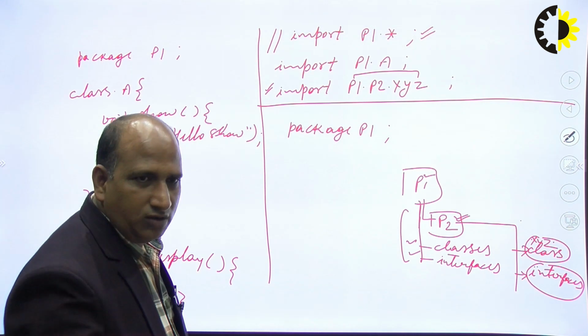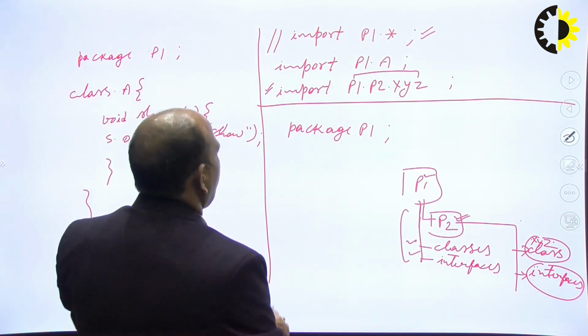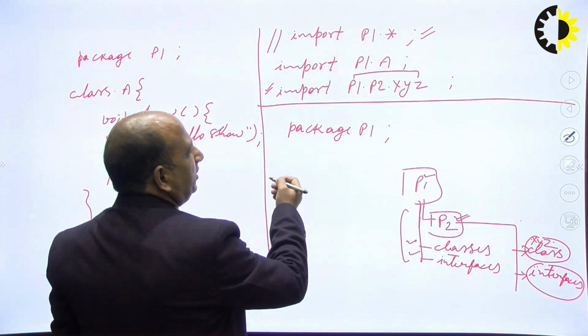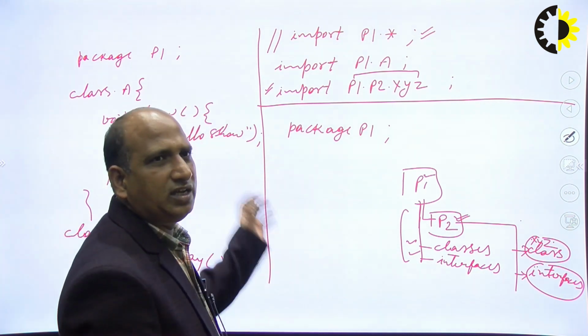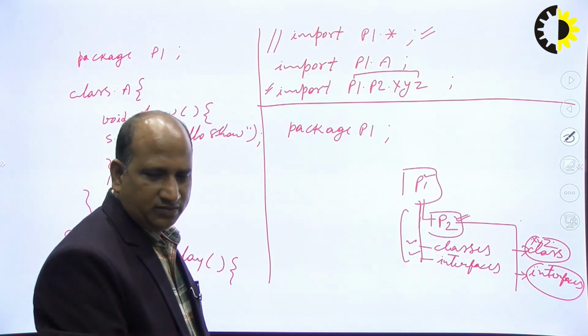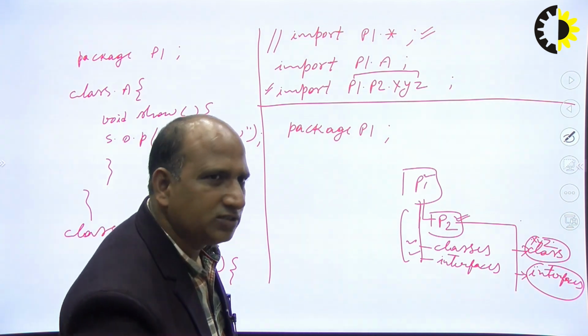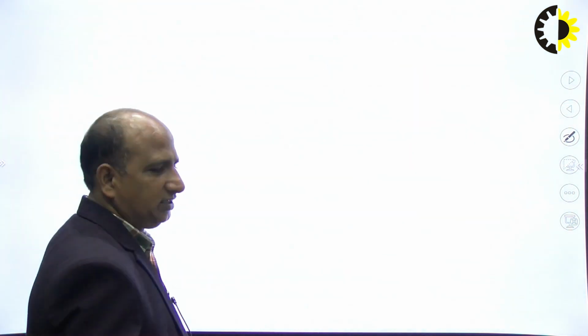So this way you can import your package, and after importing the package we can directly access the member by creating the object of that class. Okay, now let us move to the next concept, that is access specifier.